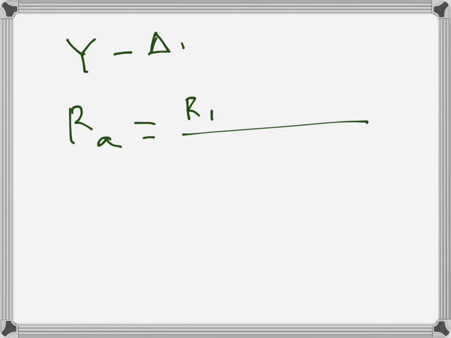So when we are doing Y to delta conversion, RA will be, in the numerator, R1 times R2 plus R2 times R3 plus R3 times R1. This is what we will always have when we are doing Y to delta conversion.